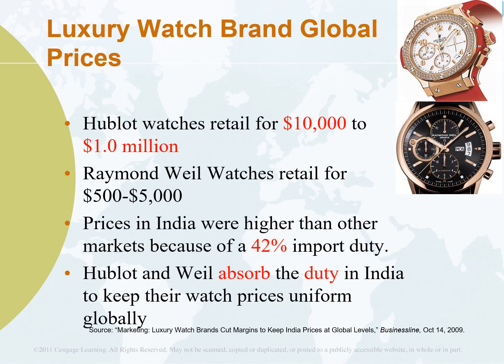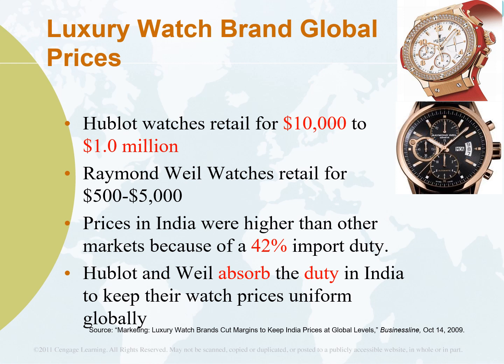If you look at the luxury watch brands globally, look at their global prices. Like Hublot watches, they retail for $10,000 to $1 million. $1 million for a watch, right? Well, somebody is paying for that. Raymond Weil watches retail for $500 to $5,000.